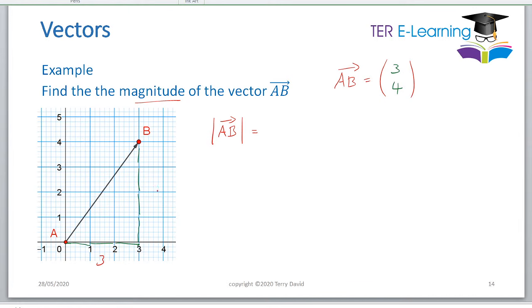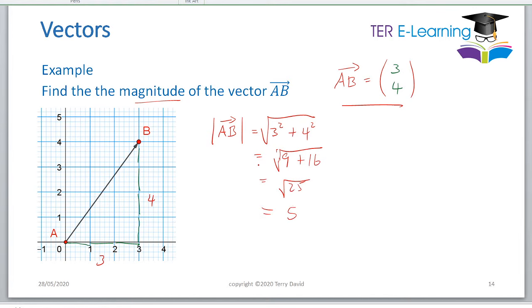This is 3 and this is 4, and you could also see it here in the column vector. So all I'm going to do is say 3 squared plus 4 squared, and we're going to find the square root of that. So 3 3s are 9, 4 4s are 16, 9 plus 16 gives me 25, square root of 25 gives me 5.